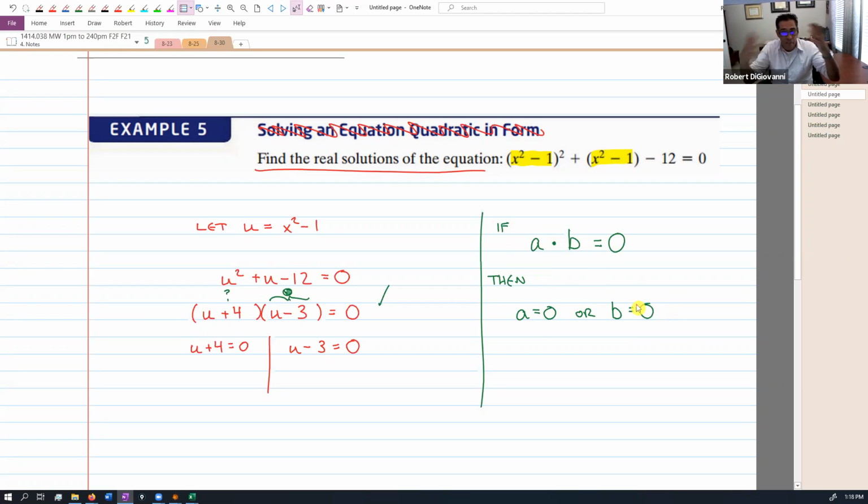This is the thing I think most people say, yeah, duh, I get it. But here's where it gets misused. People will think that they can use that for any number. Like if I tell you A times B equals 5, then people will say, oh, then that means that A equals 5 or B equals 5.